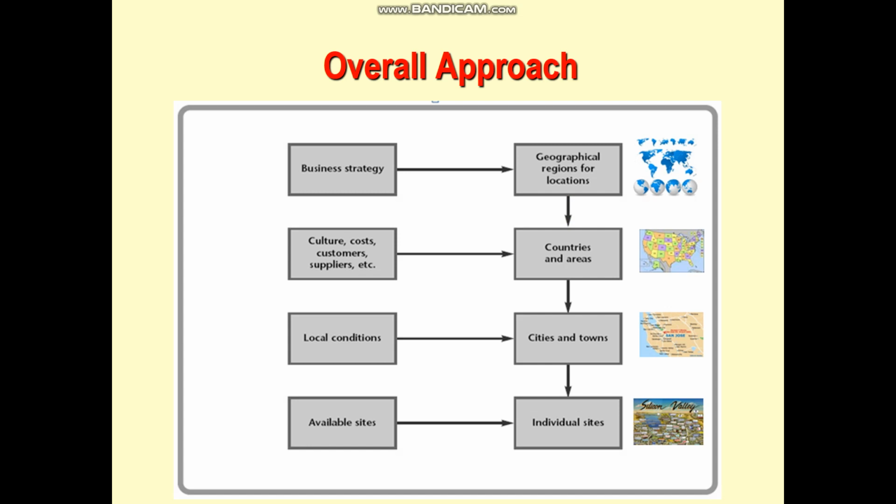Based on the business strategy, they will determine the geographical regions for locations, and then based on the culture, cost, customer, and supplier, they will determine the countries and areas. For example, based on the business strategy, you can determine that you want to locate your new factory in Asia.